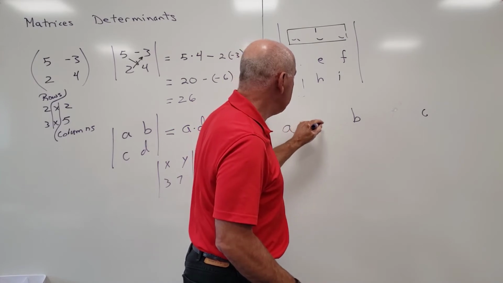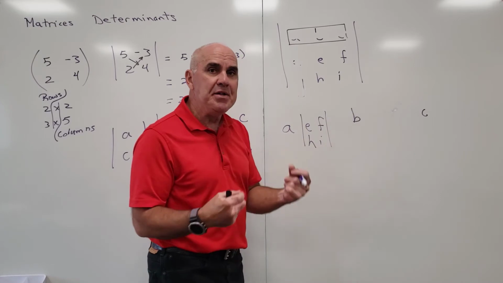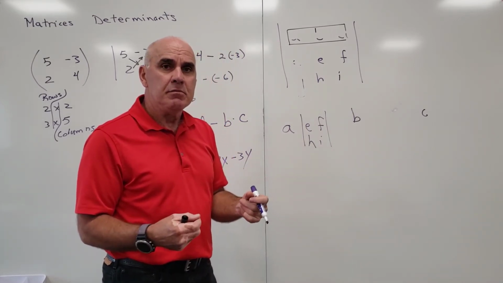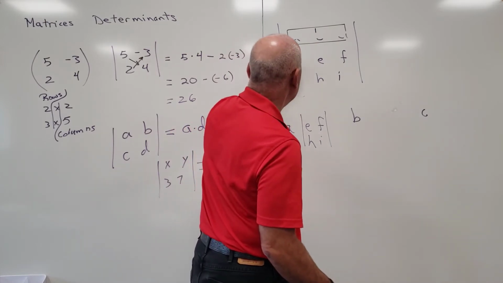So there's a determinant, E, F, H, I, that is the minor of A. That's what we call the minor of A. All right, so let me bring those back in.